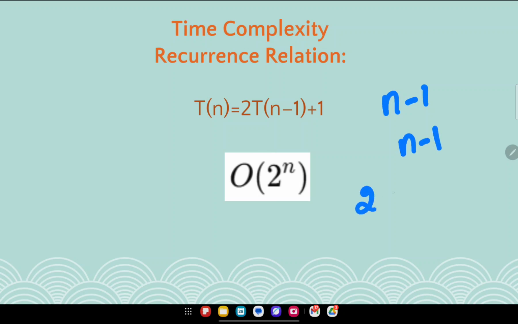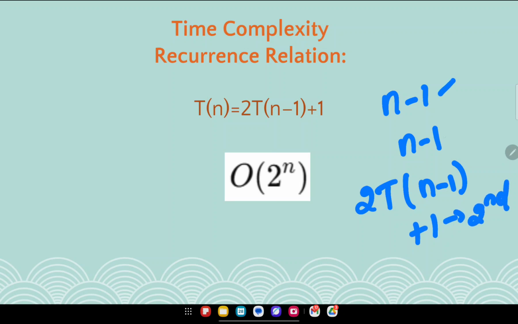So the time complexity is 2 times T(n minus 1) plus one operation to move the largest disk. We have written this plus 1 operation as the second point in our pseudocode. So we have called n minus 1 twice and plus 1 operation to move the largest disk.